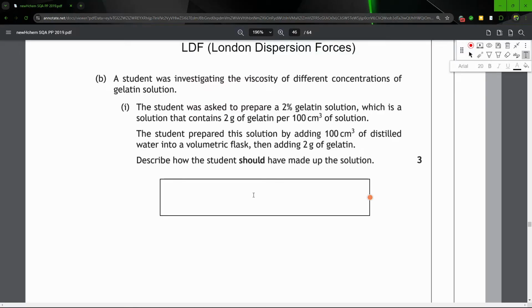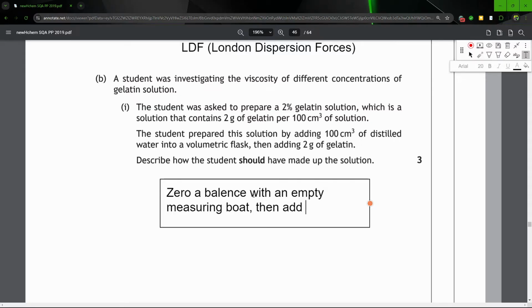Right, here we go. I'm just going to start putting stuff in. This is just one of those things you've got to remember, I'm afraid. Put gelatin into a measuring boat. Right, actually, no. Zero a balance with an empty measuring boat.